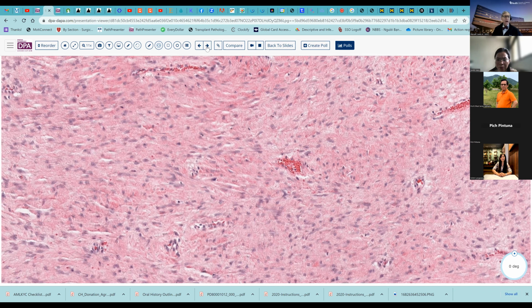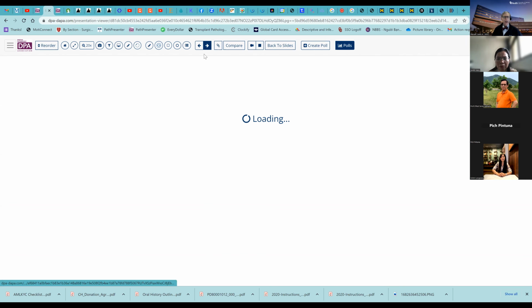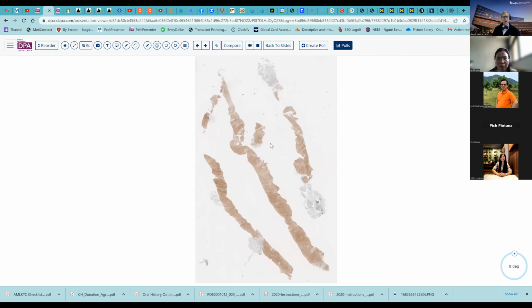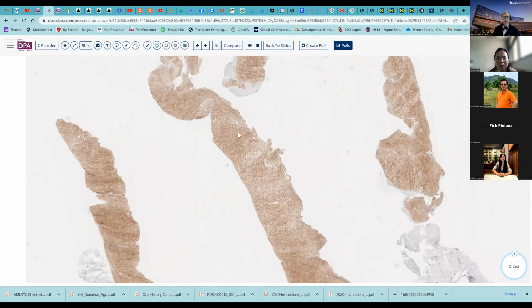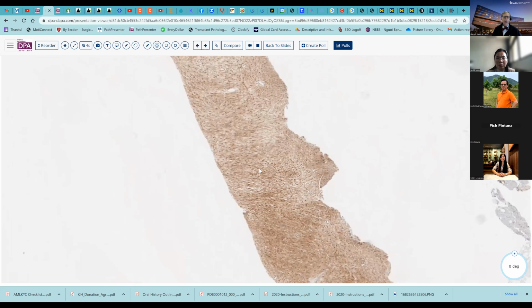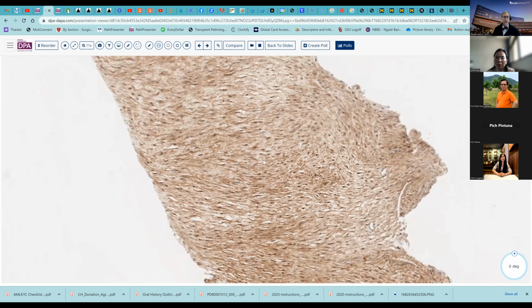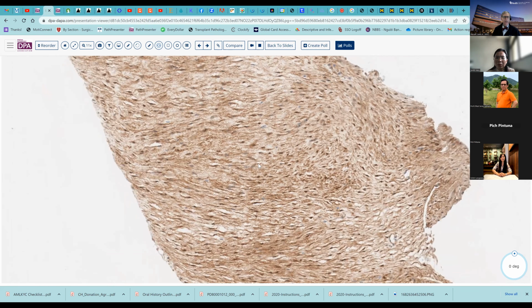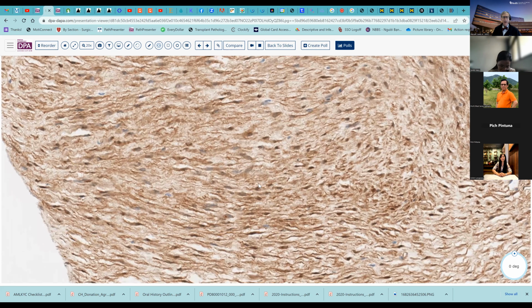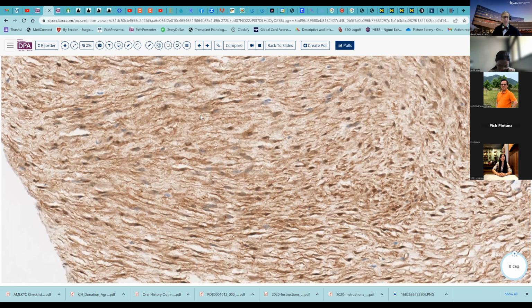So how do we make this diagnosis on a needle biopsy? Well, the morphology and history are very important. And then I think the next very important thing is to be able to do a good quality beta-catenin stain. So this is a beta-catenin stain on a needle biopsy.